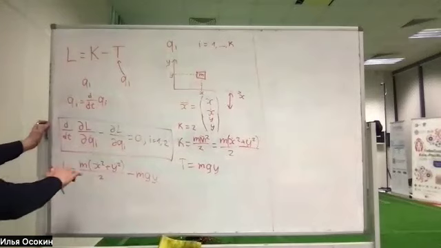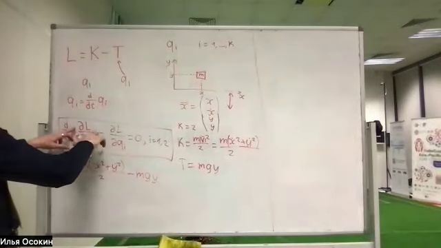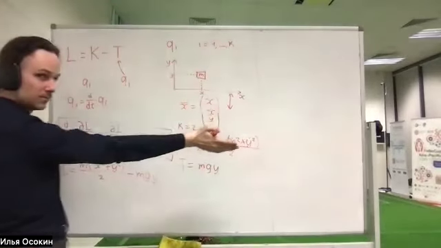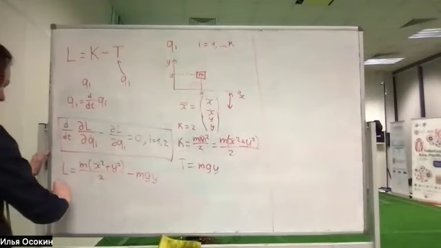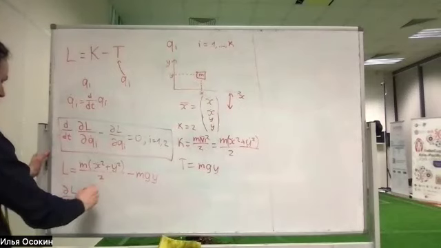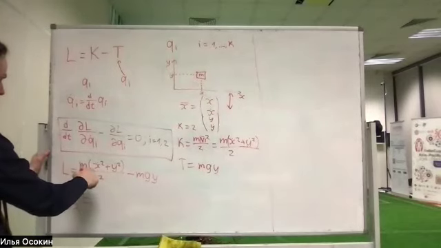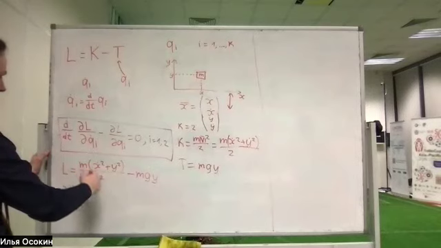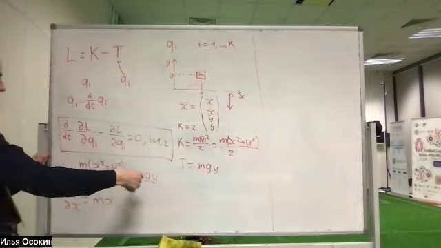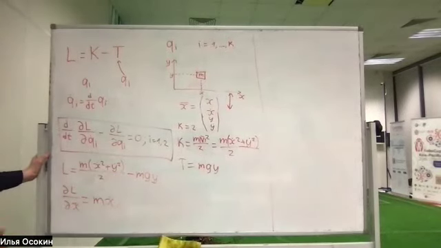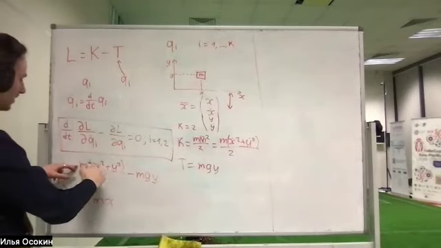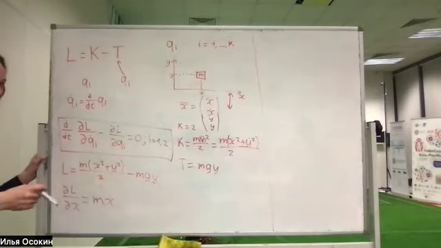Now I'm going to take the partial derivative of this Lagrangian by x dot. The partial derivative of the Lagrangian by x dot will be equal to just m times x dot. Why so? Because the second term doesn't depend on x dot, and the potential term doesn't depend on x dot as well.